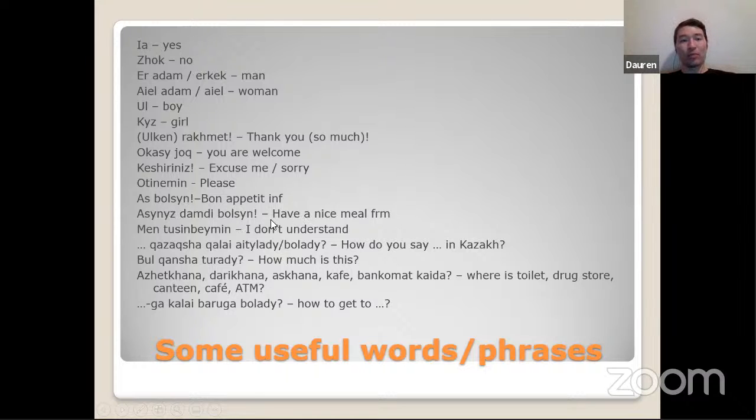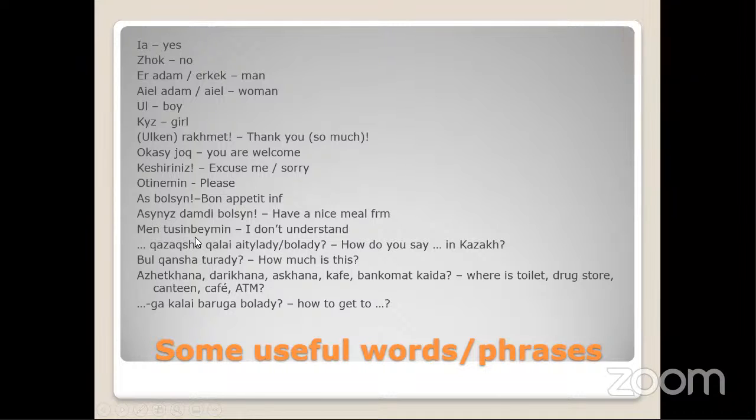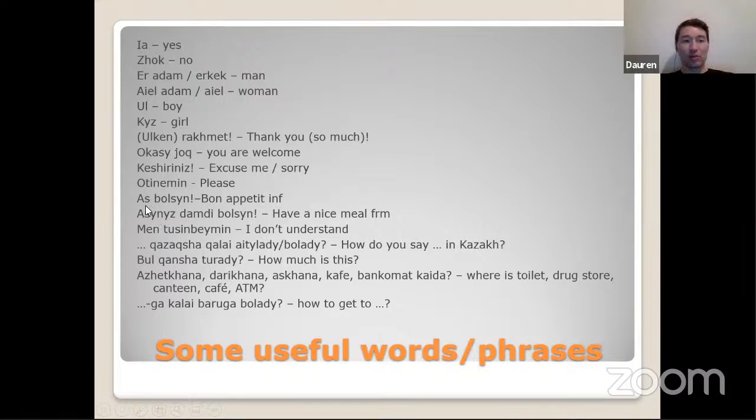More formal version will be асыңыз дәмді болсын. Ас and асыңыз both mean the meal. Дәмді means tasty, and болсын is like in the future, let your meal be tasty, if we translate literally.